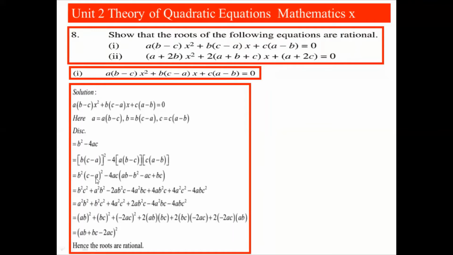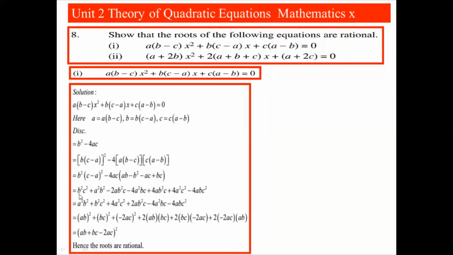Here we can open the square, and then we have to multiply with b square. After opening the square and multiplying with b square, we have this form of this term. Here we have to multiply minus 4ac with the entire values within the bracket.